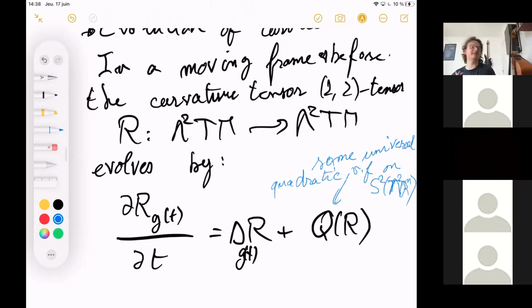It takes a symmetric matrix defined on two-forms and gives you another one in a quadratic fashion. We will see what it is in dimension 3. It's not too complicated in dimension 3. In higher dimension, you have to be a little more careful.